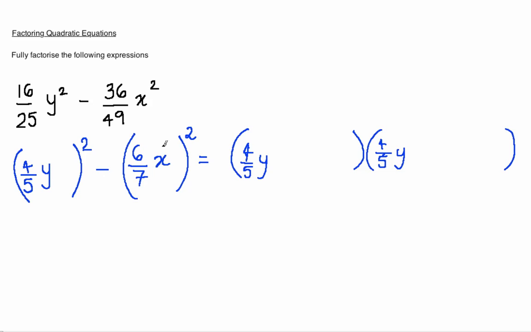And at the end of each bracket, you write down the second expression, 6 over 7x and 6 over 7x. And as we do with all differences of two squares factorisation methods, we put a plus in one and a minus in the other.